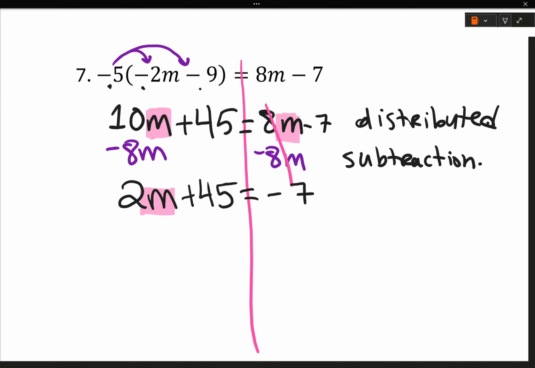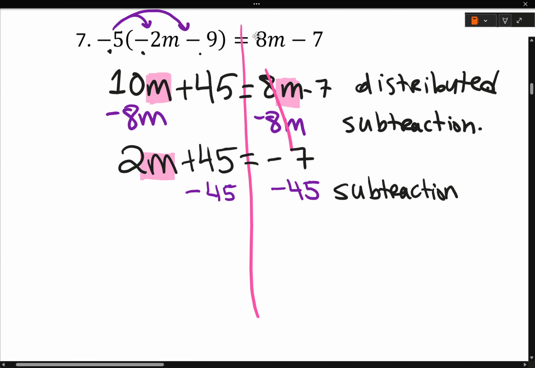Still looking for m to be by itself. What do you think we should do next? We're going to subtract 45 from both sides. On the left side, 45 minus 45 is 0, so all I'm left with is 2m. On the right, -7 minus 45. Now be very careful.